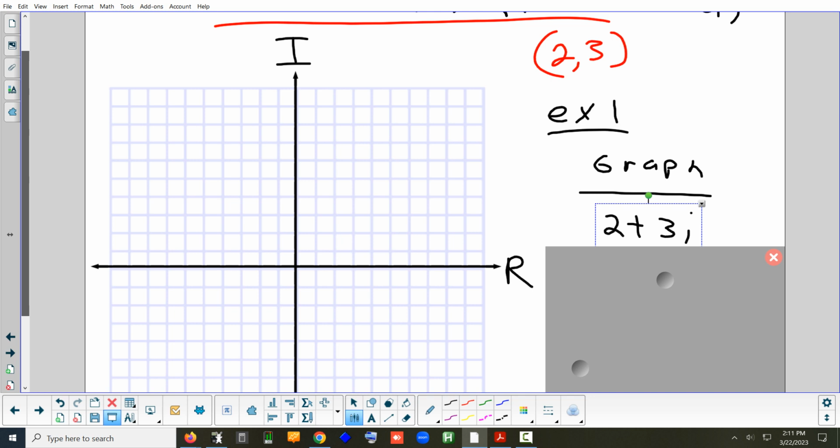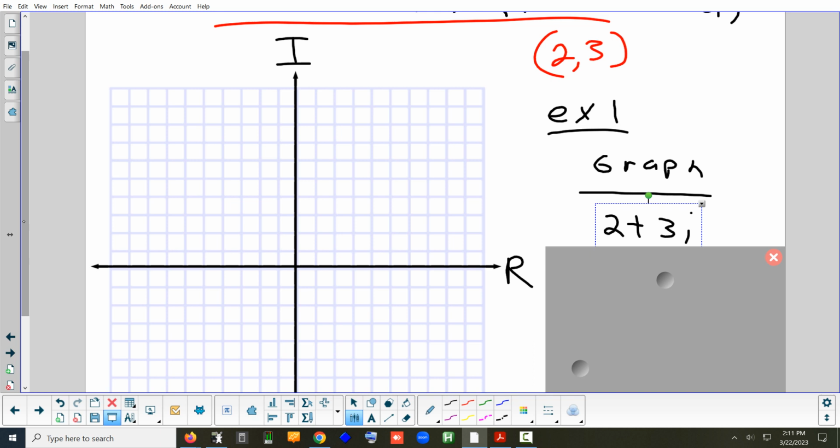Okay, so let's graph. Sam, what's the real part of 2 plus 3i? 2. So we're going to go right 2. And Grady, what's the imaginary part? Just what number? 3. Positive 2 is the real. Positive 3 is the imaginary.